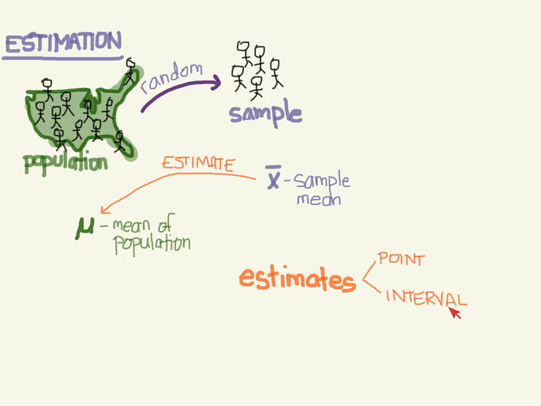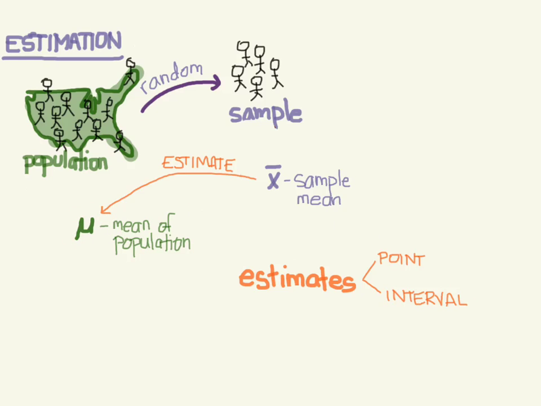Now with interval estimates, you're going to have a range of values that represent this thing we're trying to estimate, the mean. And with that range, you have to specify how confident you are that the thing we're trying to estimate is within that range. So let's look at our example.